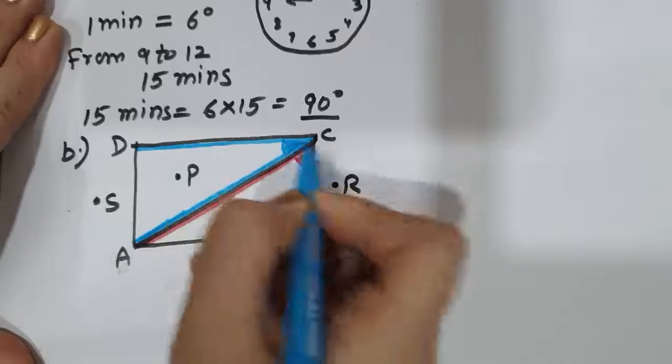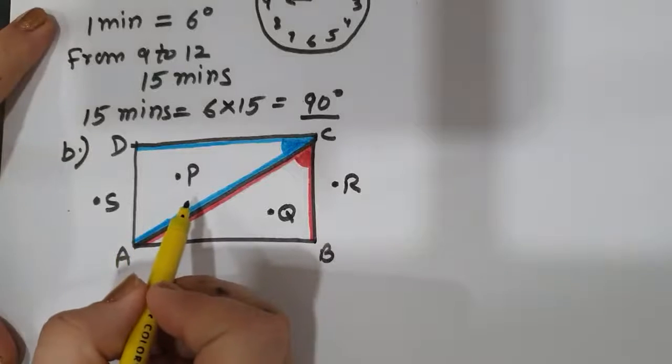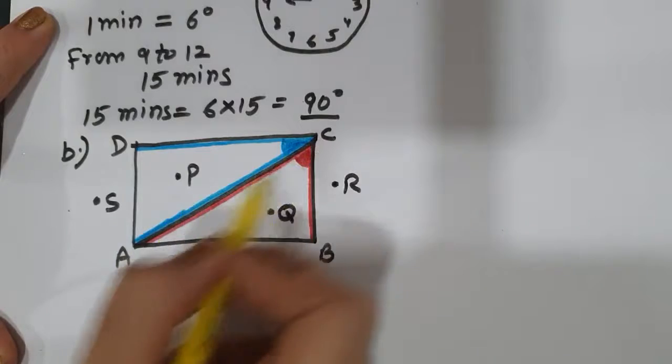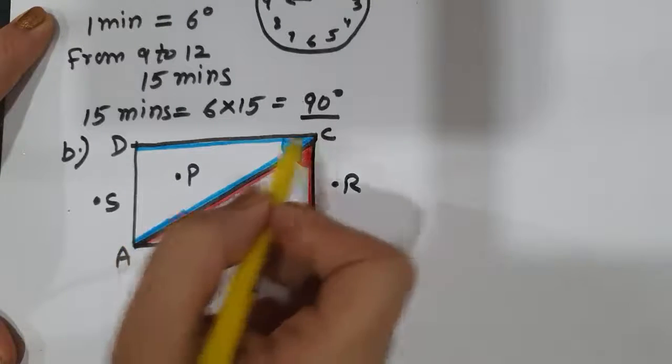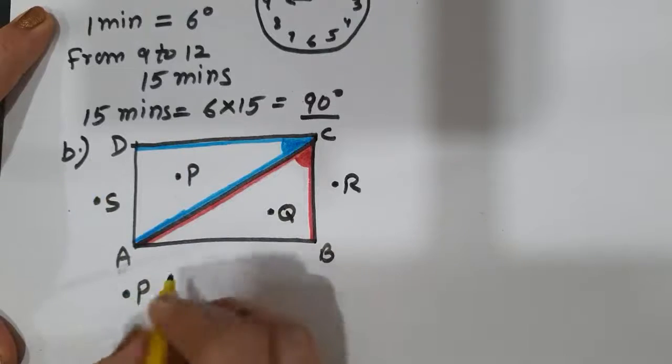It should be between the blue angle, but it should be outside the red angle. So I can see only one point which is in the exterior of angle BCA and in the interior of ACD, that is point P.